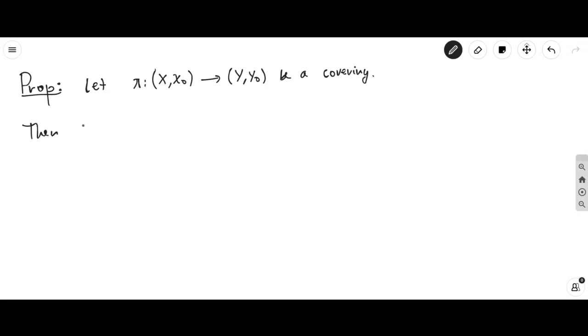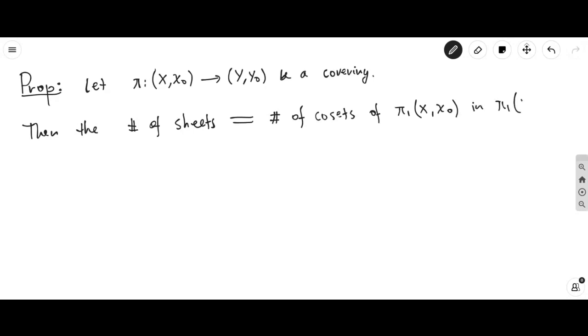So then the number of sheets in the covering is equal to the number of cosets of pi1 x0 in pi1 y0. So I'll explain to you what this means if you need a reminder.